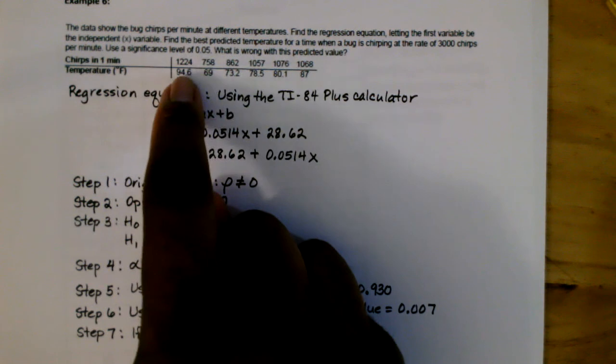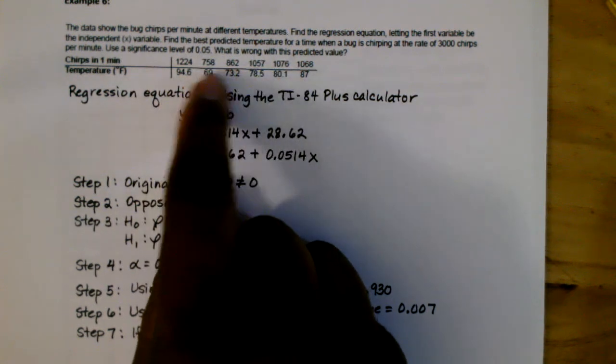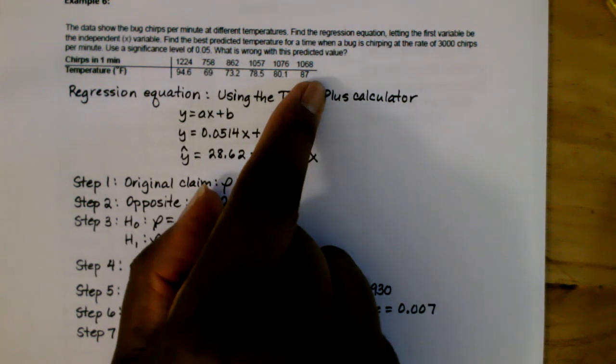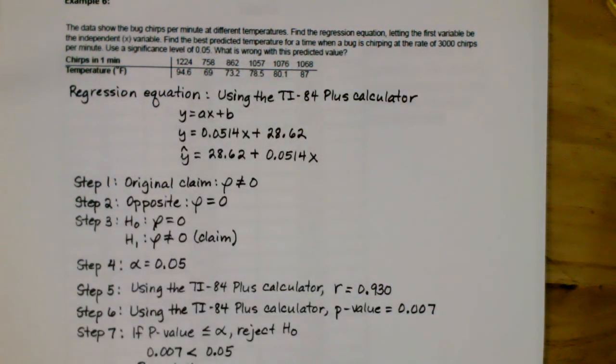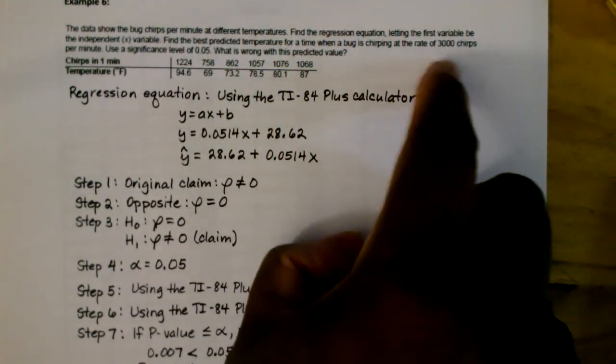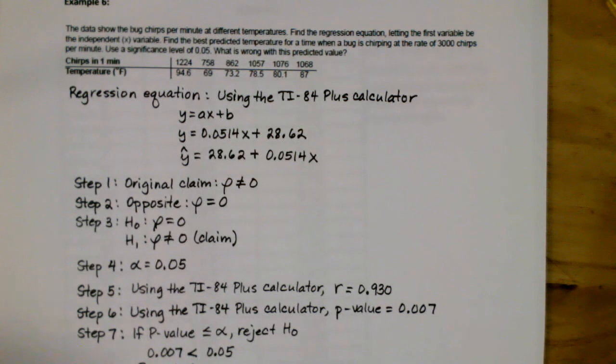I would add these six temperatures and divide by 6, and that will tell me what y bar is. And that y bar will be used as the best predicted value for a bug chirping at 3,000 chirps per minute. Okay.